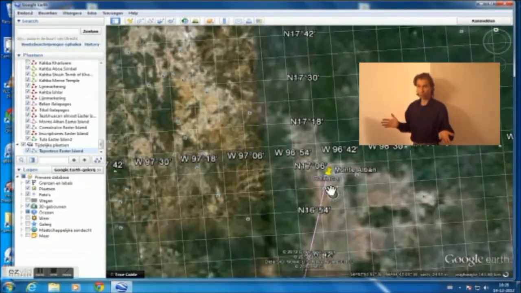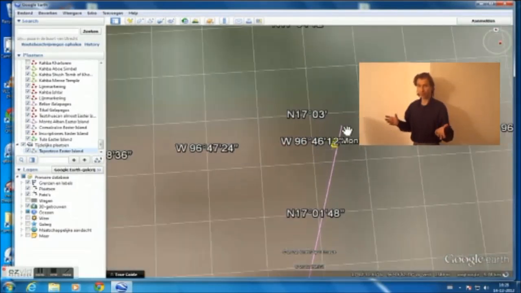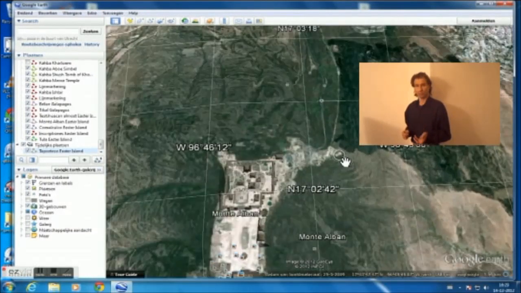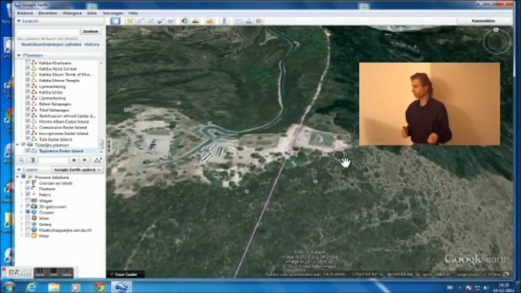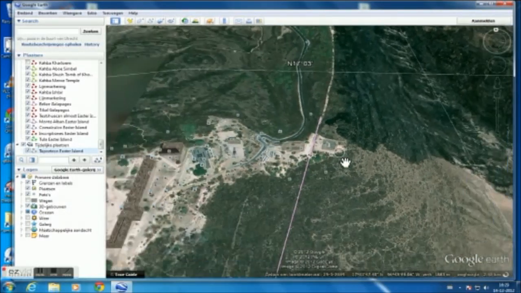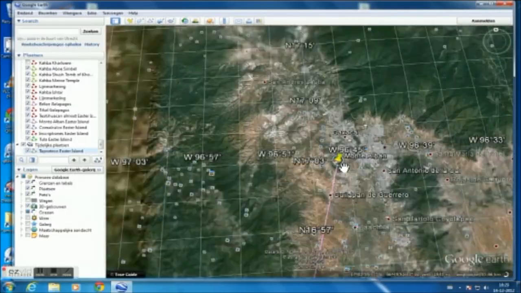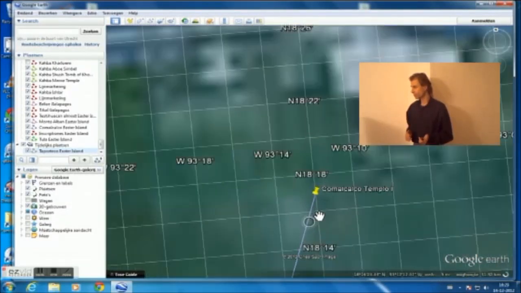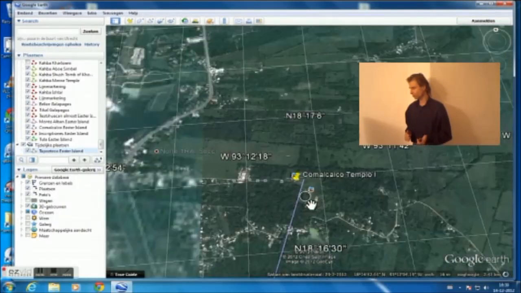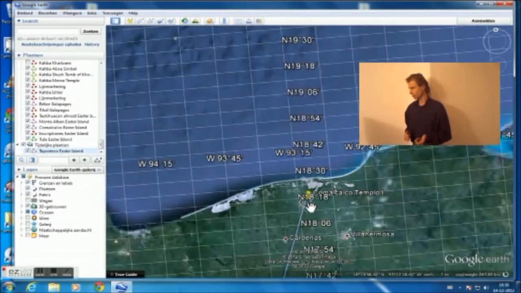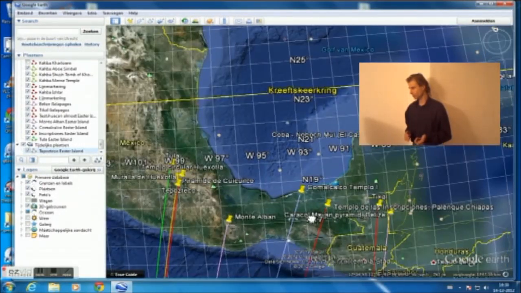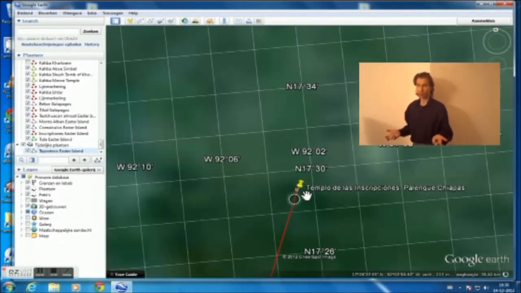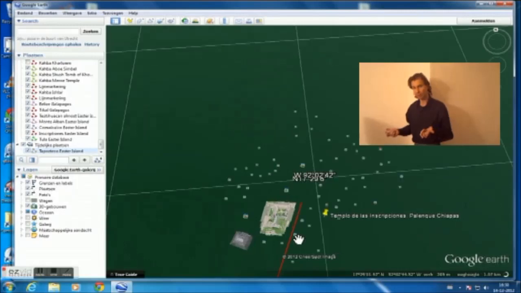Let's go through the other 4 evidences. At Monte Alban I found a light evidence. Comacalco, I found a light evidence. And at the Temple of Inscriptions I found a light evidence.